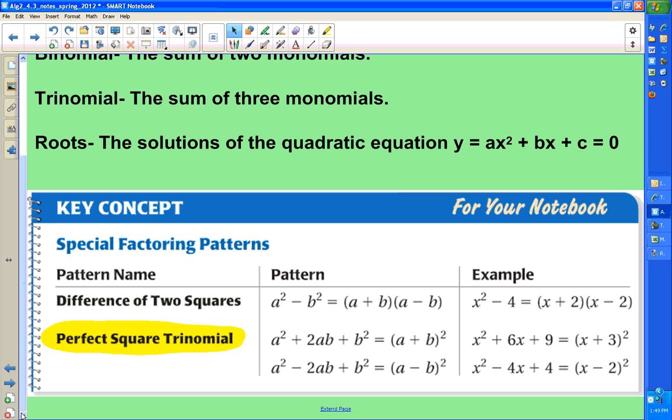If you're not paying attention in here all the time, you're going to miss these details. You're going to be incredibly frustrated with the way the questions on the test are worded if you don't know what the words mean. Because I'm going to ask you for the x-intercepts, for the y-intercept, for the vertex, for the roots. And you have to know how to find them and what they mean.